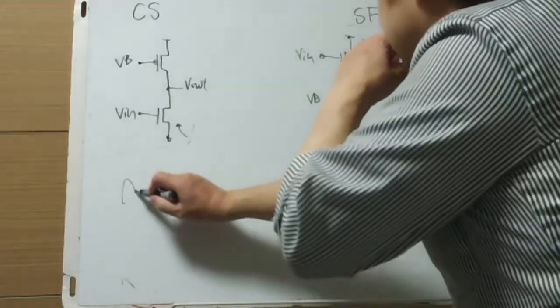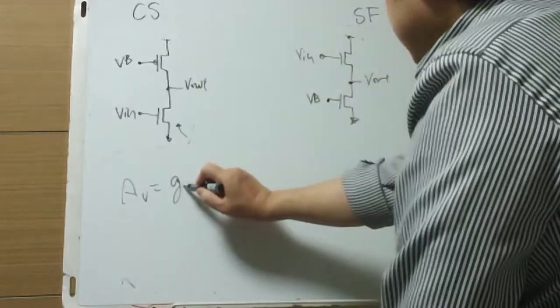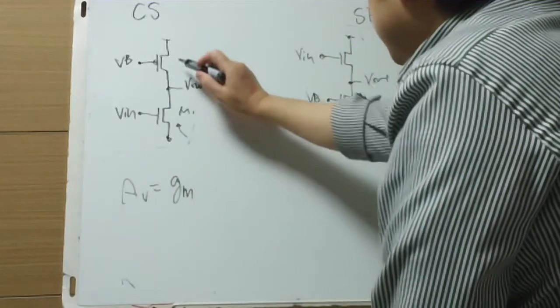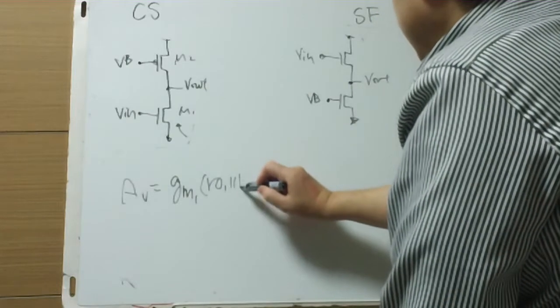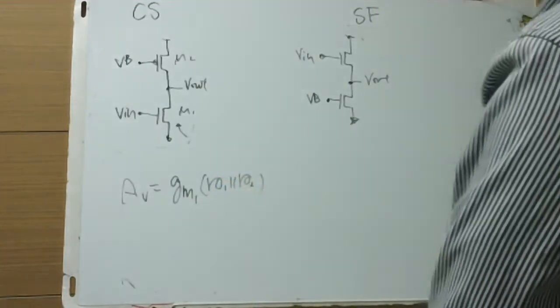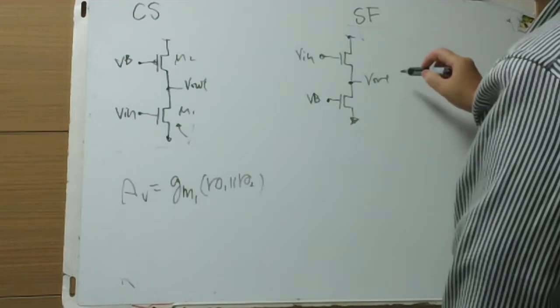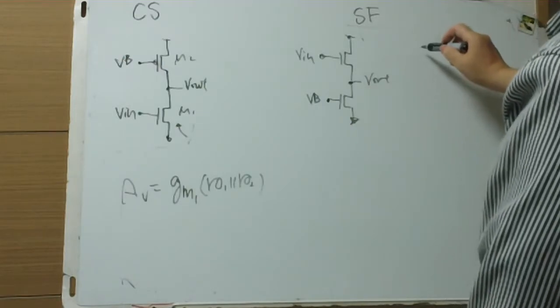This is gm M1, M2, r01 in parallel with r02, and we want to find Rout.